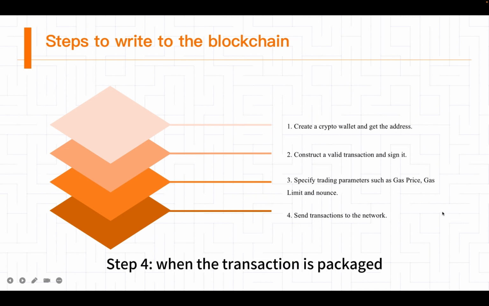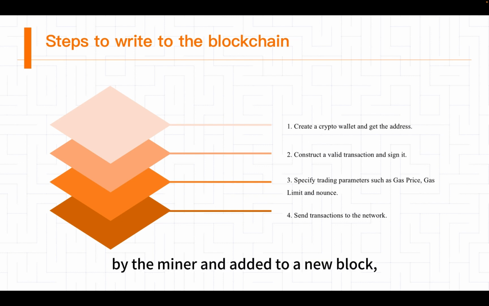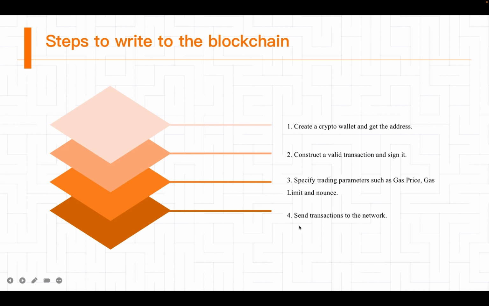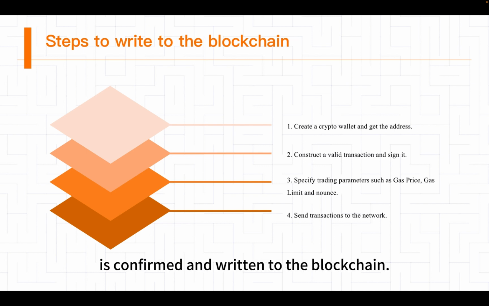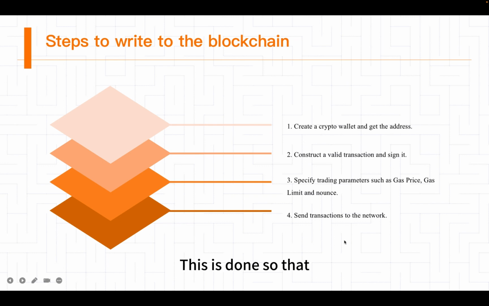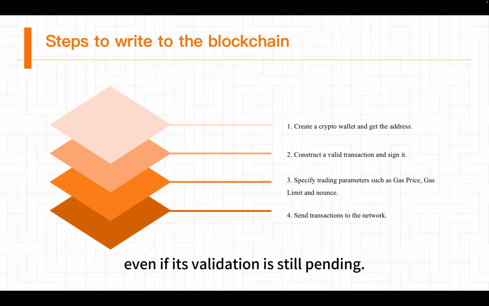Step 4. When the transaction is packaged by the miner and added to a new block, the transaction is confirmed and written to the blockchain. This is done so that the transaction information is broadcast across the network, even if its validation is still pending.